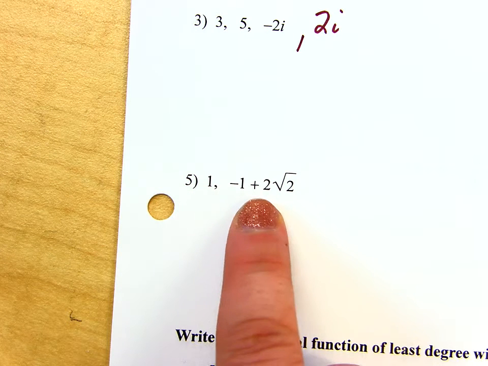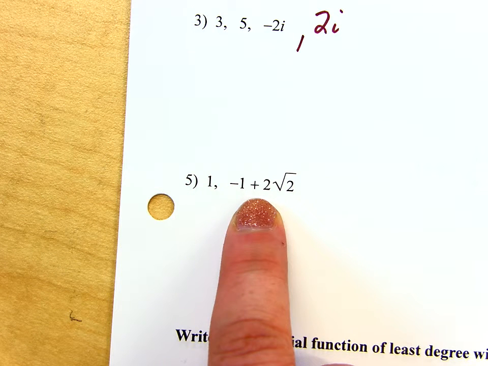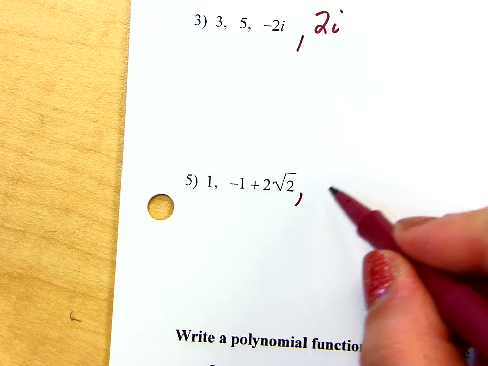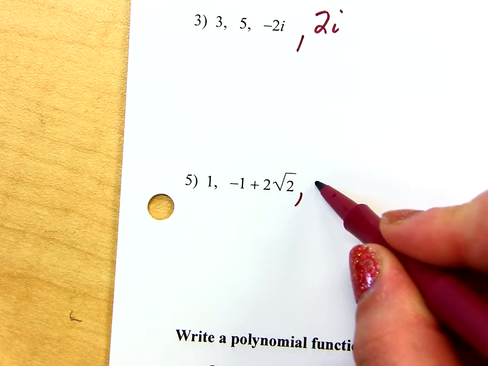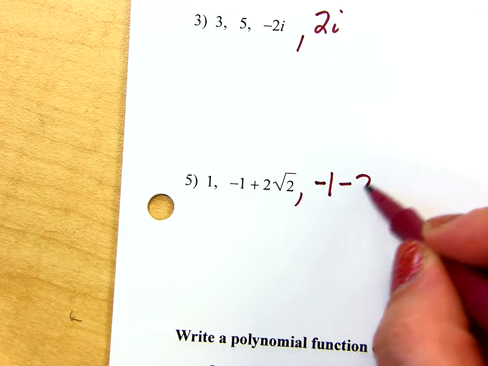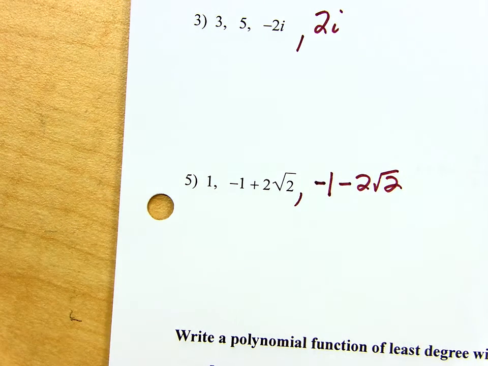No. Negative 1 plus 2 root 2. Does it come with a pair? Yes. Who's the pair? Negative 1 minus 2 root 2. Okay. Are we all rightish with this? Alright. Do 6 just for good measure. And then we'll switch gears.